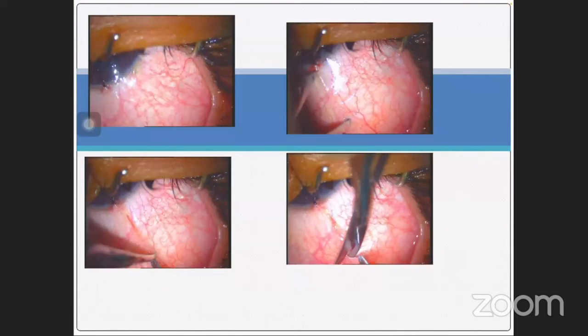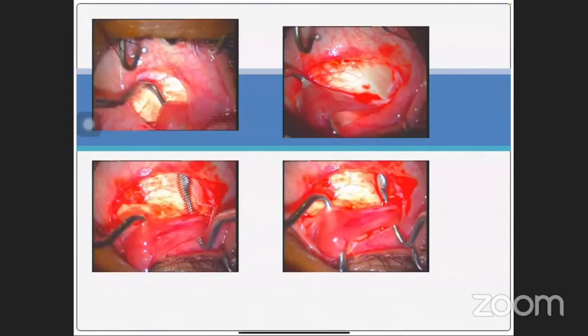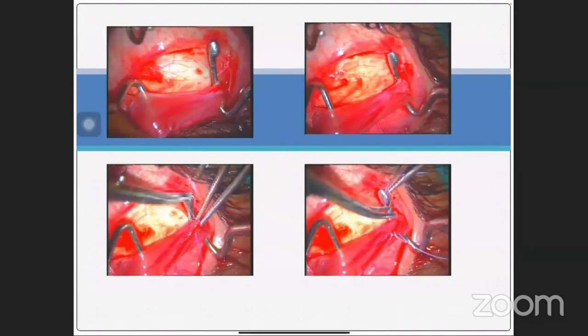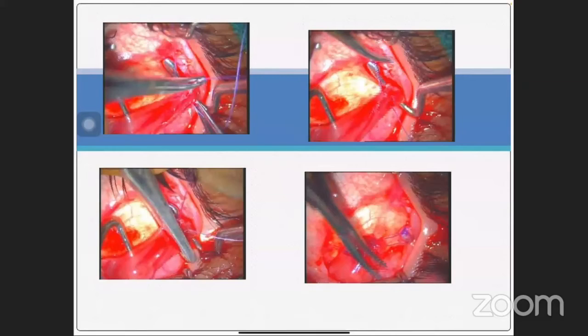So basically, the technique remains almost the same as recession, with only a modification to the extent that we pass the double arm sutures through a loop, and we cut the muscle from the distal end, and we slip it over the sutures.